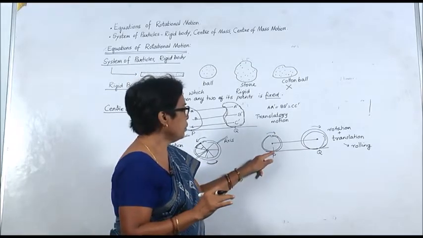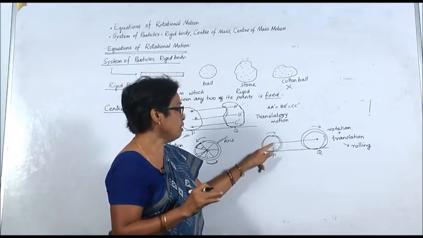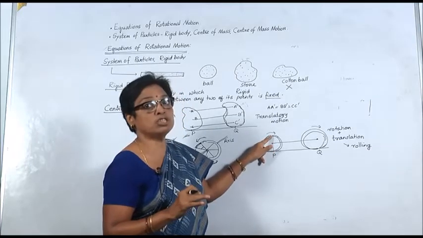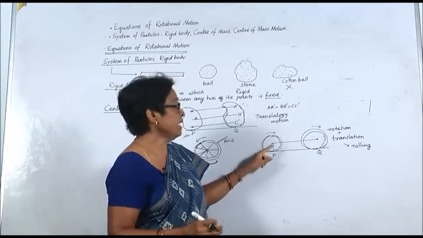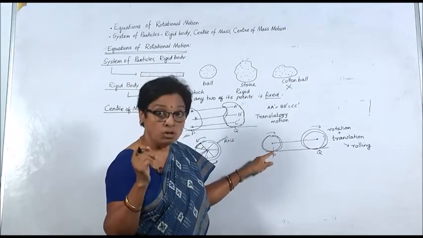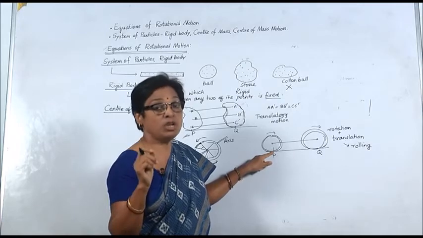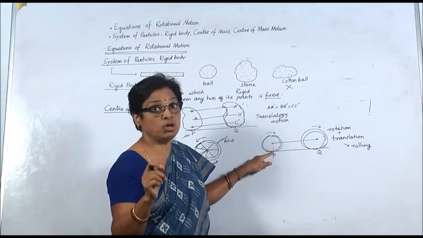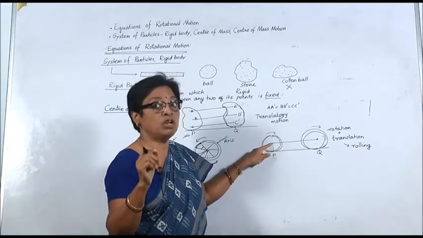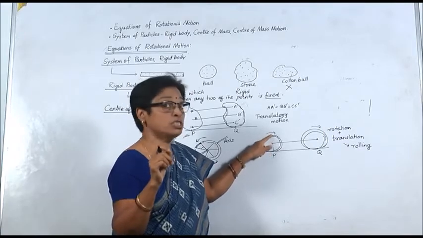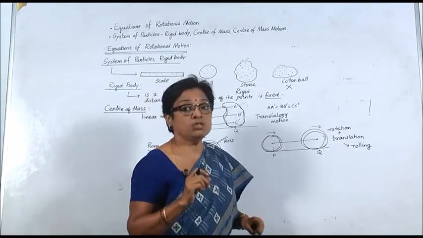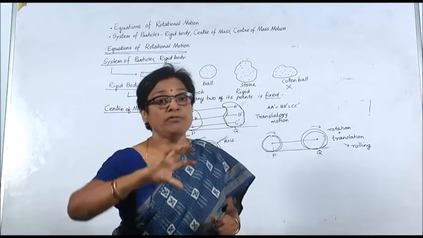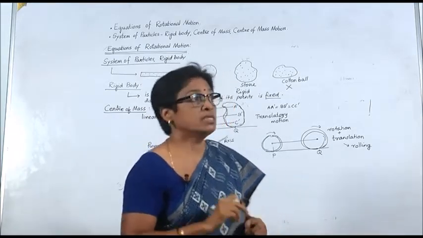If this point has 0 velocity, this has some velocity, this has double the velocity of the center one. In the case of rolling, you will see that this point is constantly at rest, it has a linear velocity of 0, this has a certain velocity v, and this has a velocity 2v, 2 times the central one.